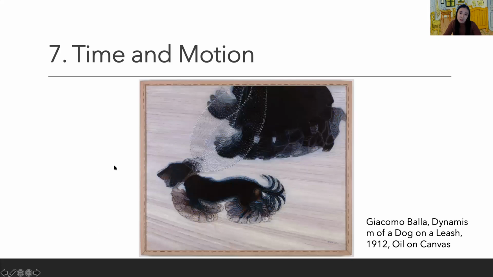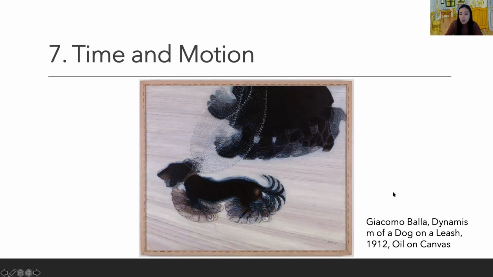And here's another example with a two-dimensional work of art. This is a painting by the Futurist artist Giacomo Balla, Dynamism of a Dog on a Leash, from the 20th century. The artist tried to record all of the time and motion of a certain moment in one frame.